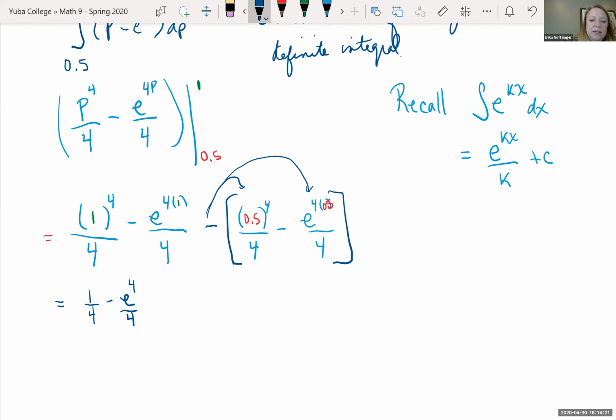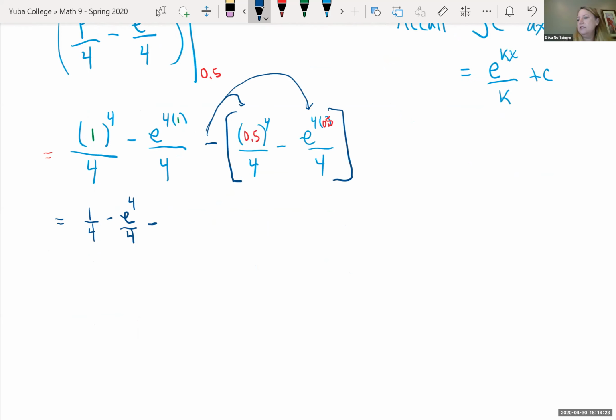So this is really minus 0.5 raised to the 4th power, which is 0.0625, all over 4. But a negative times a negative, so this is now really plus e to the, well, 4 times 0.5, that's 2, all over 4.